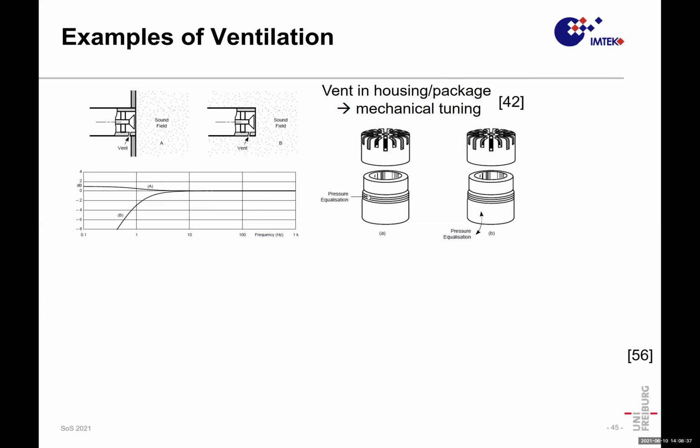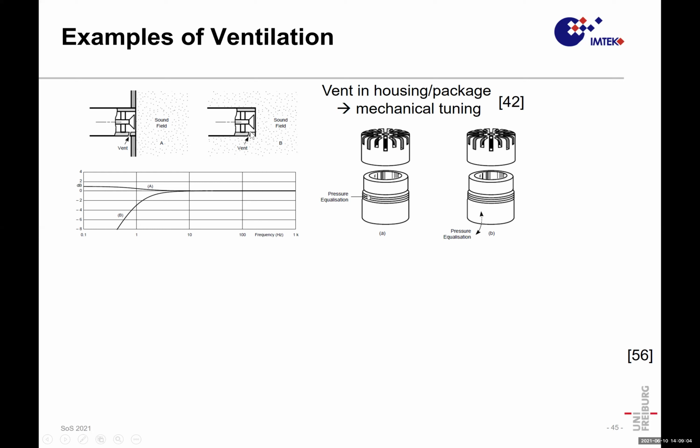I have some examples for this ventilation situation. This is just a reference microphone in a wall where you measure the sound field, and of course it's equalized to the rear. If it is this case, you have this frequency shape here. Usually you measure the pressure in a sound field. That means the sound hitting the diaphragm, moving it, will also enter the ventilation hole.